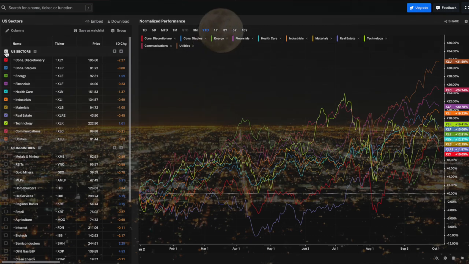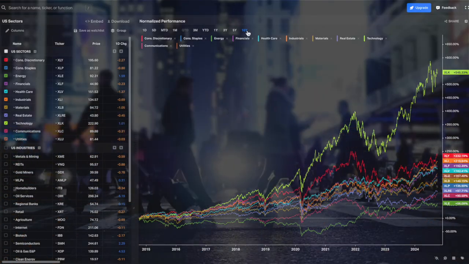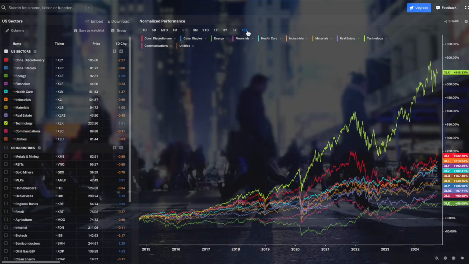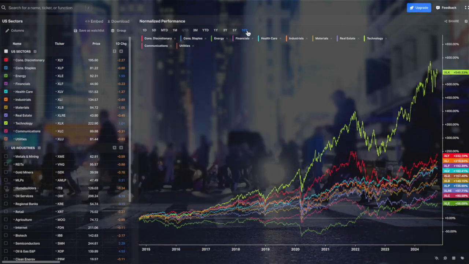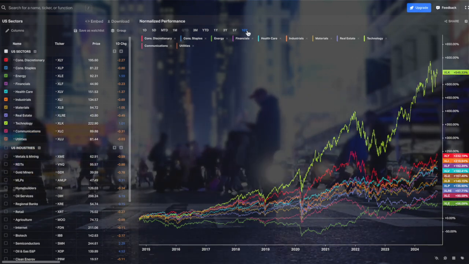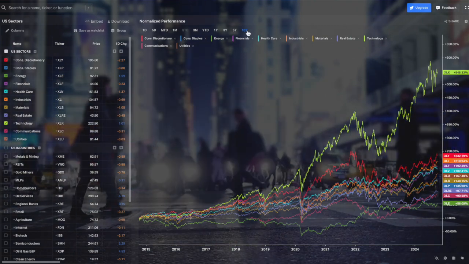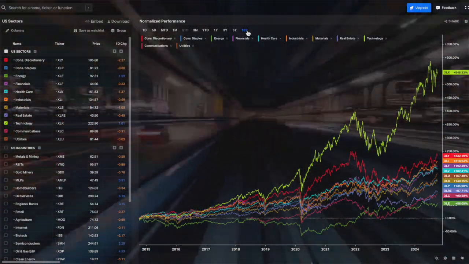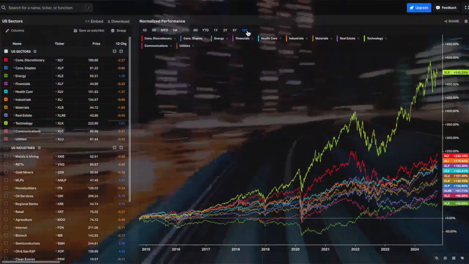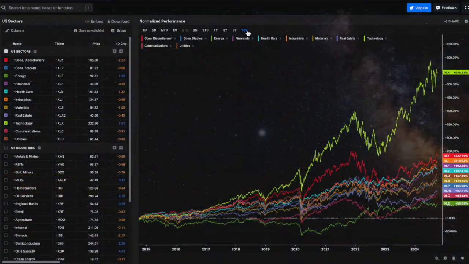We have the main groupings. I'm going to change it to 10-year on the chart. And let's go through the constituents here. We have consumer discretionary, consumer staples. If you don't know the difference between the two, consumer discretionary is discretionary items, so the excess disposable income will go into this, for example Ferraris, expensive watches, etc., while consumer staples are the necessities like toilet paper and toothbrush, stuff like this.